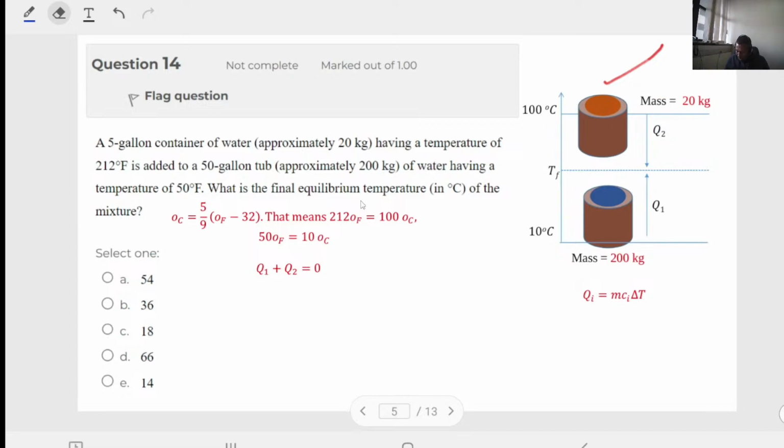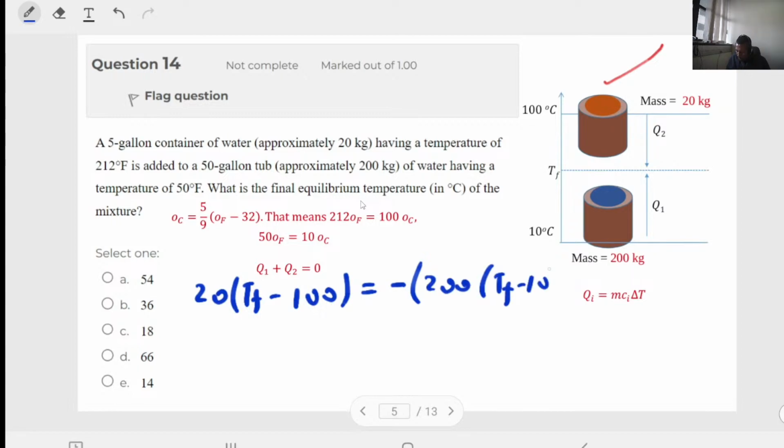Then using that, what I get is basically 20 into T final minus 100 must be equal to negative of Q2, which is 200 into T final minus 10.